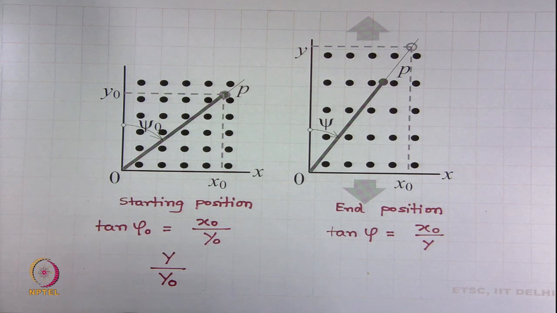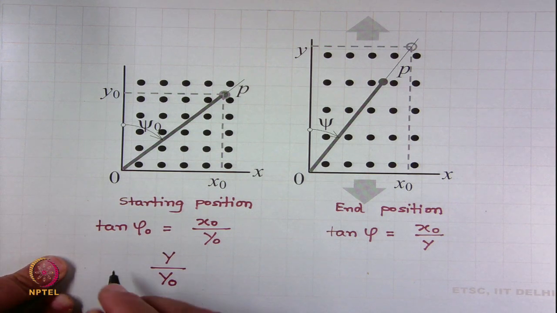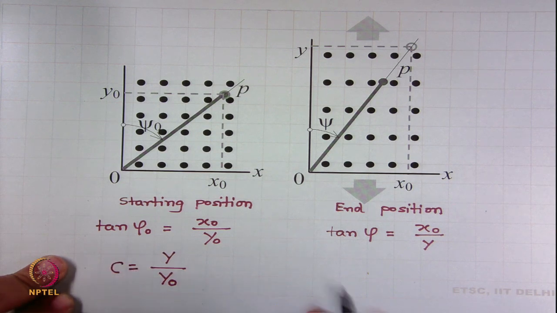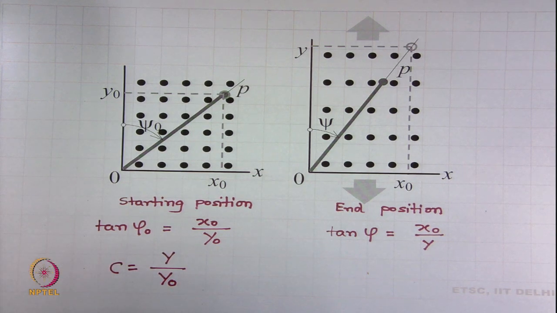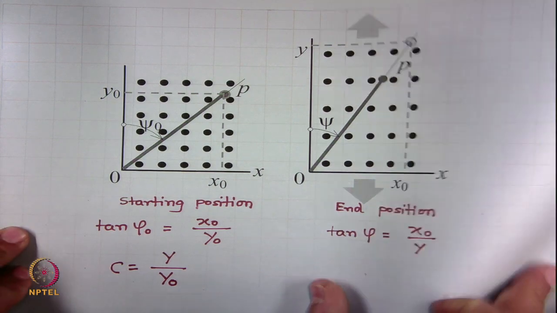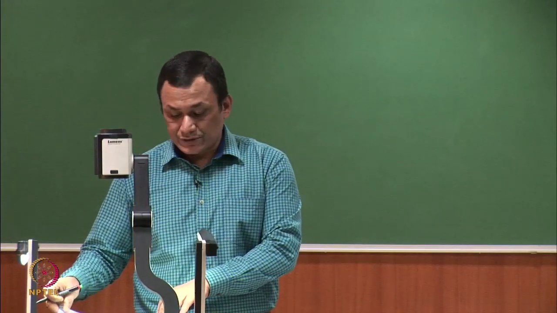For this ratio we use the symbol C. We will talk about the character of C a little later. Now, consider this ratio is equal to capital C. So, these three equations we will use.